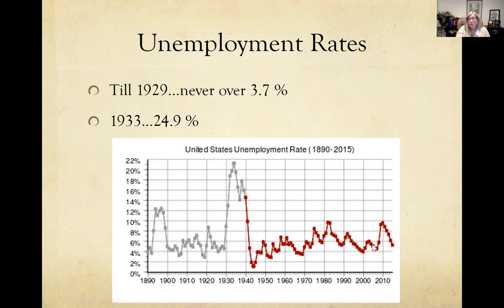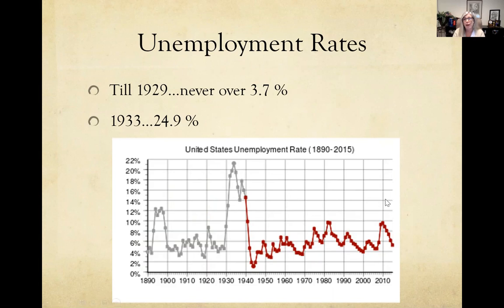Even in the Great Recession of 2008, it never got above like 12%. And we know that was bad. Those were bad times here with the recession in the United States, and the most recent one in 2008. It was not even close to what had occurred in 1929 with the Great Depression. So it was a dramatic shift.